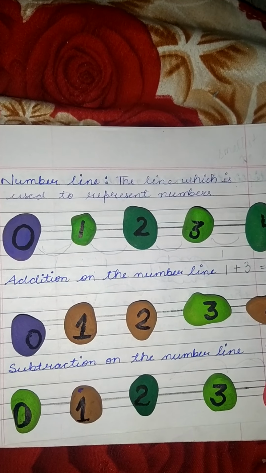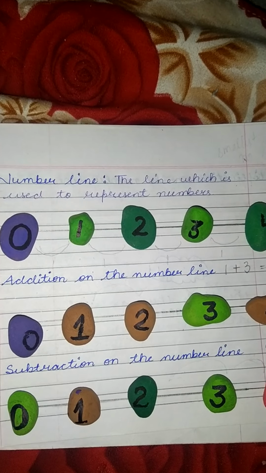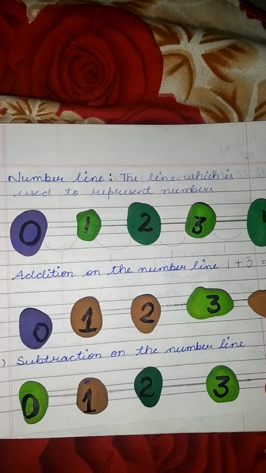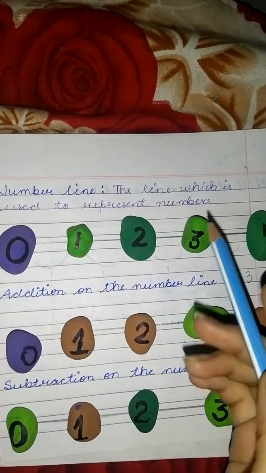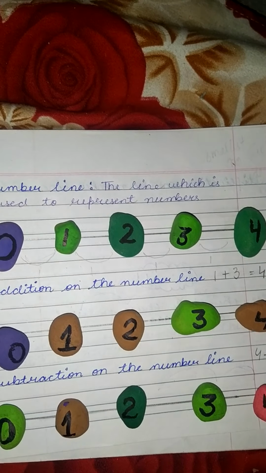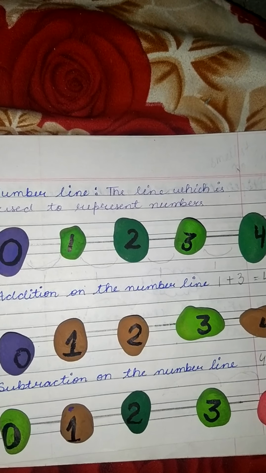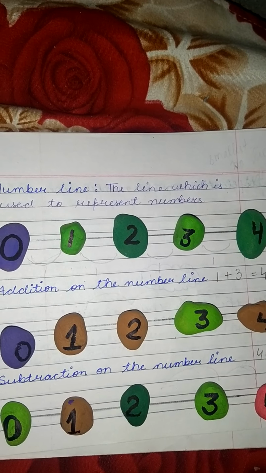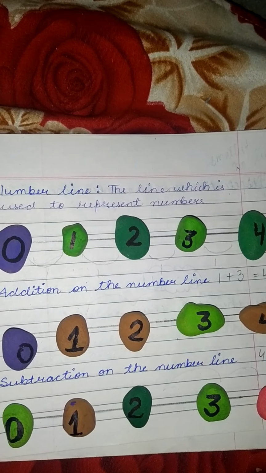Also, the smallest number lies on the left side of the number line and the biggest number lies on the right side of the number line. For example, we take two numbers 2 and 3. Between 2 and 3, 3 is the greater number, which lies on the right side of 2, and 2 is the smaller number, which lies on the left side of 3 on the number line.